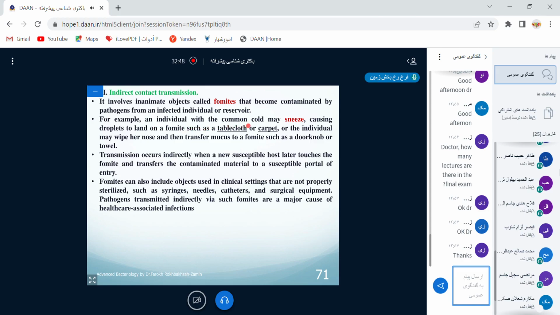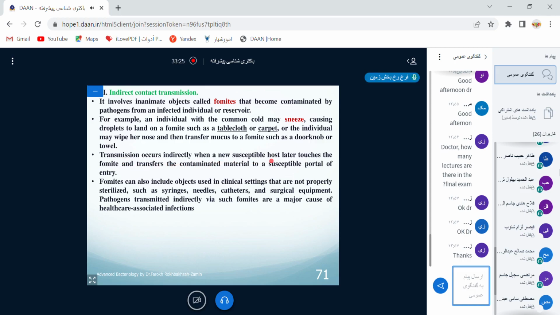For example, an individual with the common cold may sneeze or cough, causing droplets to land on a fomite, such as a tablecloth or carpet, or the individual may wipe her nose and then transfer mucus to a fomite, such as a doorknob or towel.